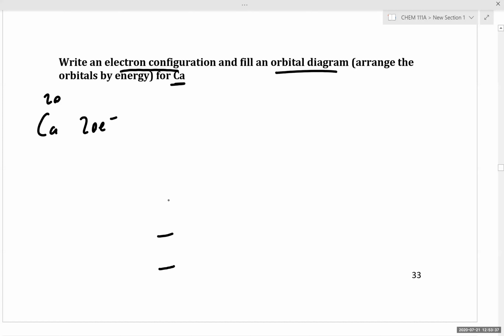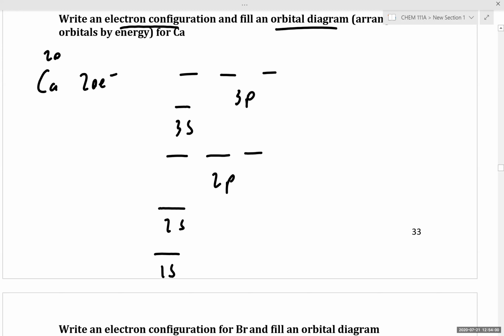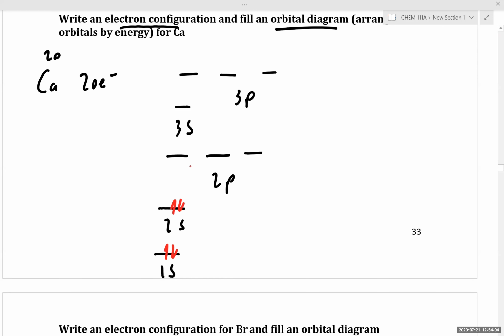We're then going to place our orbitals and draw our orbital box diagram, ranking our orbitals in terms of increasing energy. Let me move down so we have a little more space. So we have our 1s, 2s, 2p, 3s, 3p orbitals. So let's fill in our electrons.